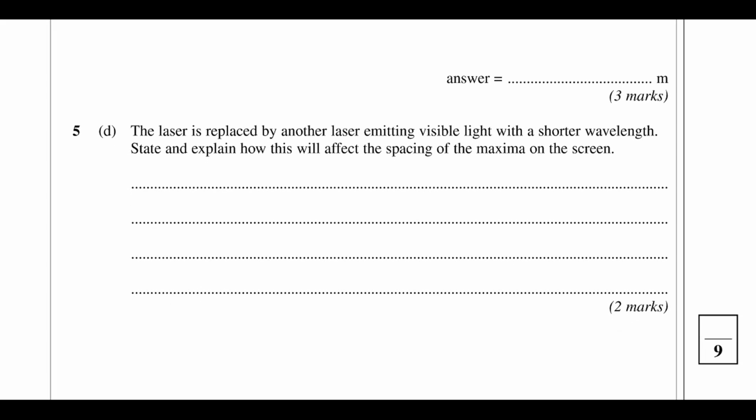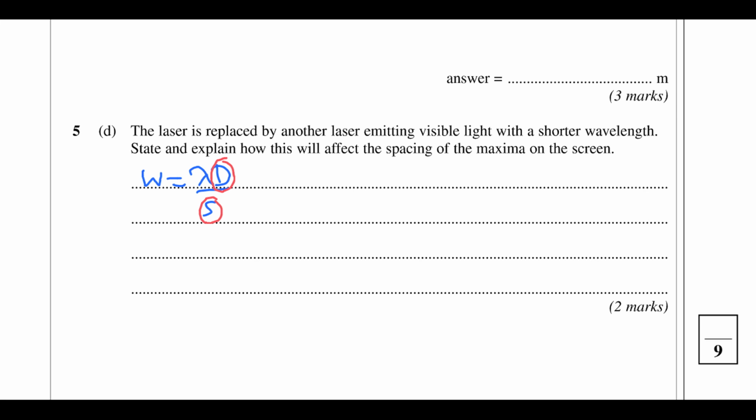So the laser is replaced by another laser emitting visible light with a shorter wavelength. State and explain how this will affect the spacing of the maxima on the screen. So let's get our equation back up. w = λD/s. Let's identify the things that are constant. We haven't changed the slit spacing, we haven't changed the distance.